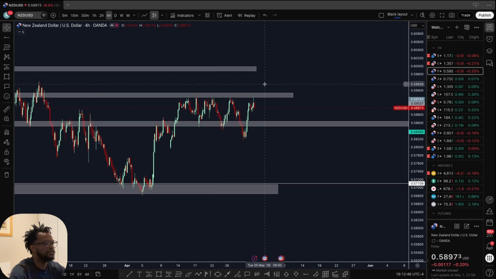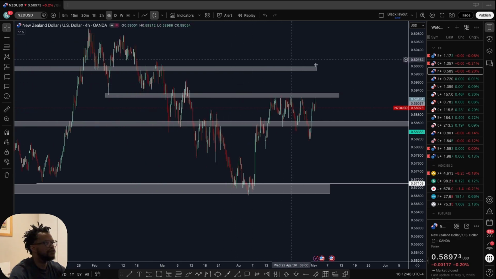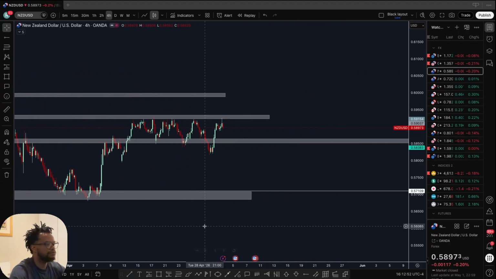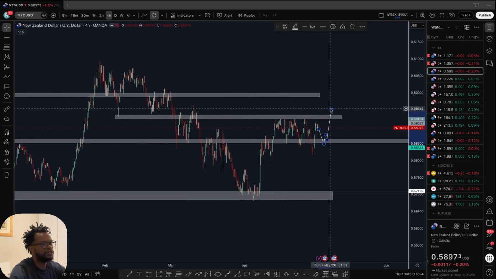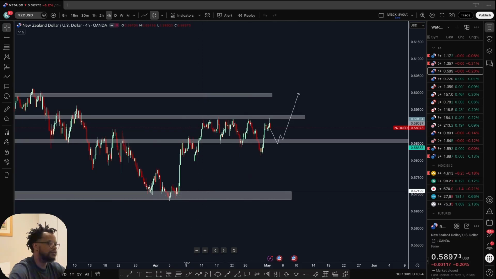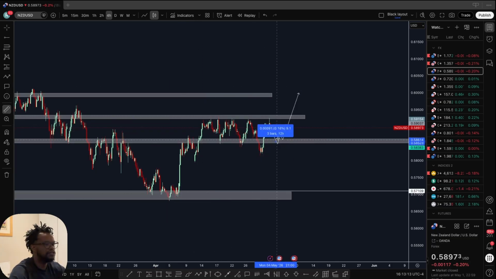But we are still reacting off this. It doesn't give you enough room for it to run up, you know. So I'll monitor this. The only way I'm gonna trade this is if it comes up here, and then maybe I can look for a trade going up into my major zone. But the fact that it's struggling to break this level concerns me a bit, especially since there's not enough room to enter this zone up to here.